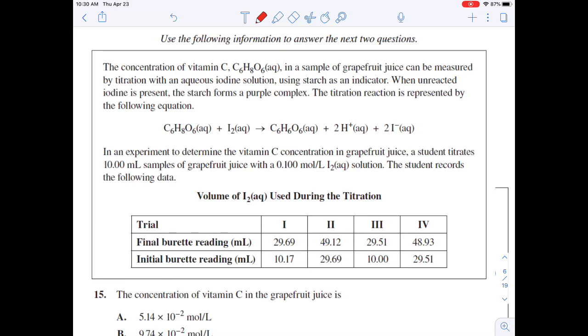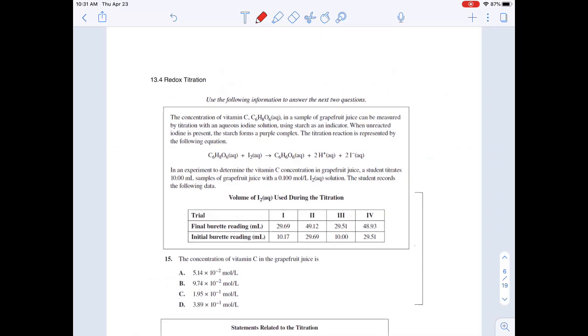When unreacted iodine is present, the starch forms a purple complex. The titration reaction is represented by the following reaction. In the experiment to determine the vitamin C concentration in grapefruit juice, a student titrates 10 milliliter samples of grapefruit juice, so that's their sample, with a 0.1 mole per liter solution of iodine. This student records the following data.